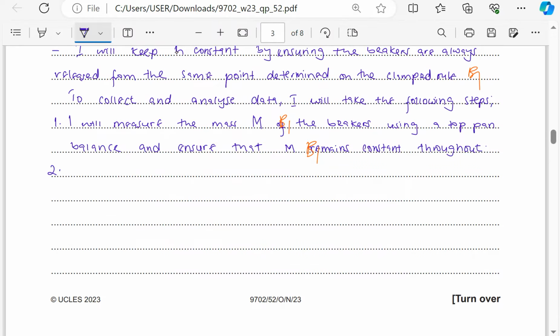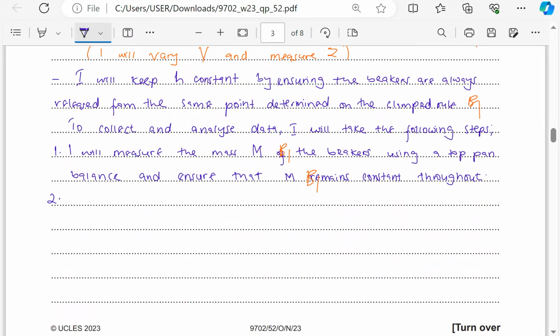So step number 2, I'll now build the experimental setup as shown in the figure above.